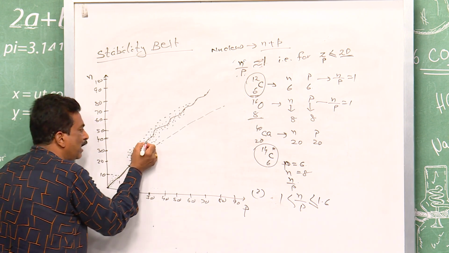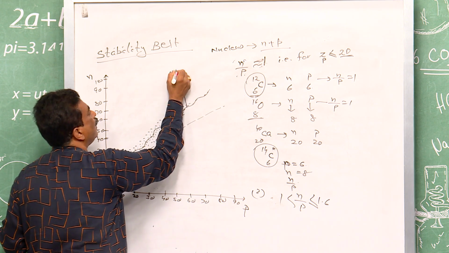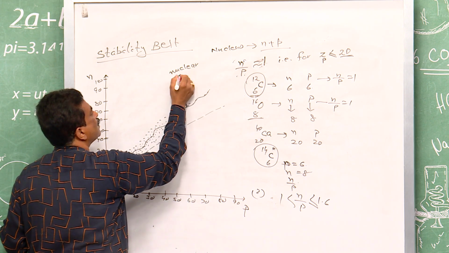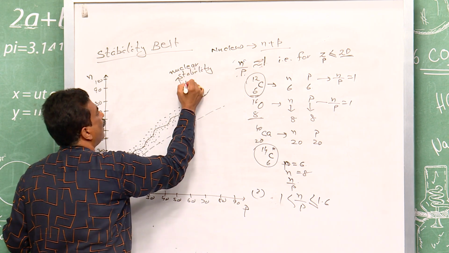So, this line is called the nuclear stability belt.